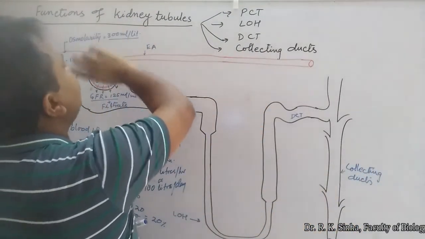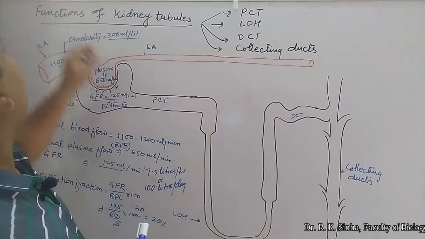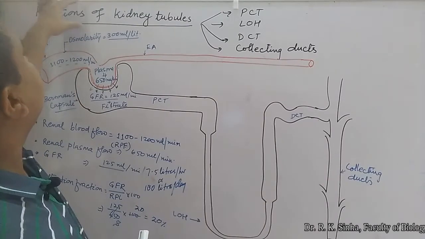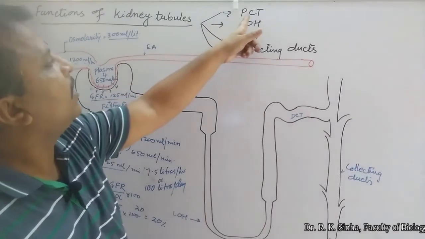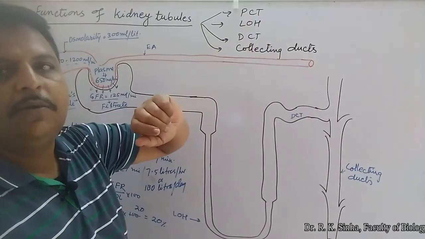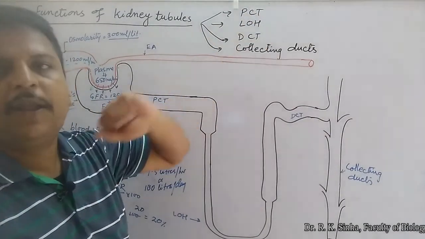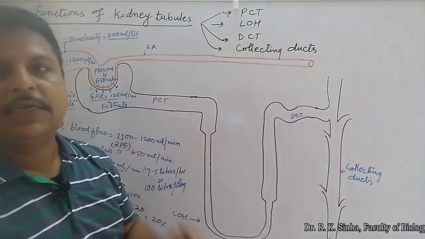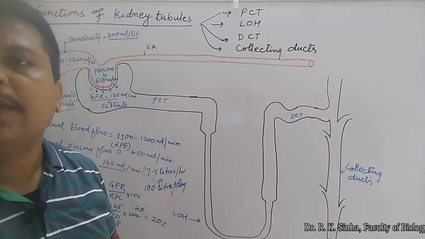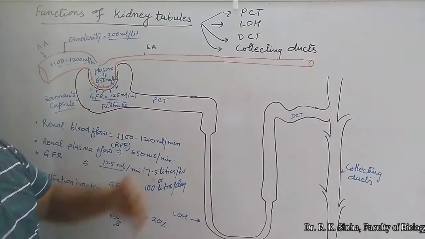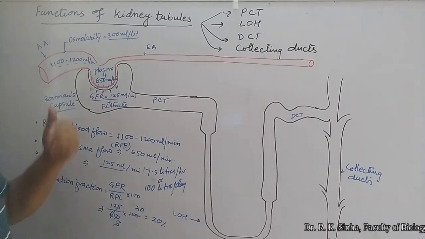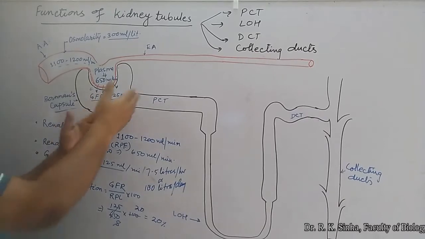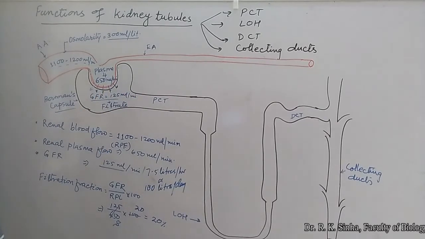So today the lecture will be delivered on the functions of the kidney tubules: function of proximal convoluted tubules, loop of Henle, distal convoluted tubules, and collecting ducts. Step by step we can understand all the details. Okay, so let's see what will be the function of this structure.